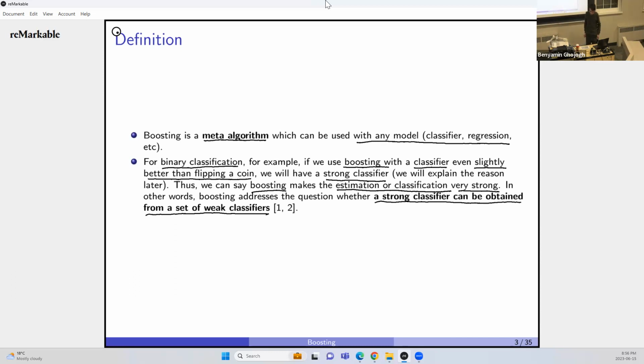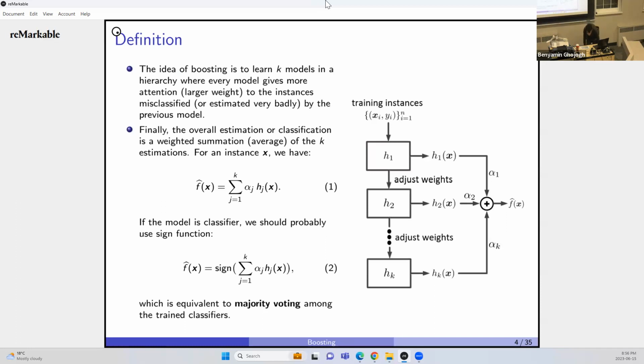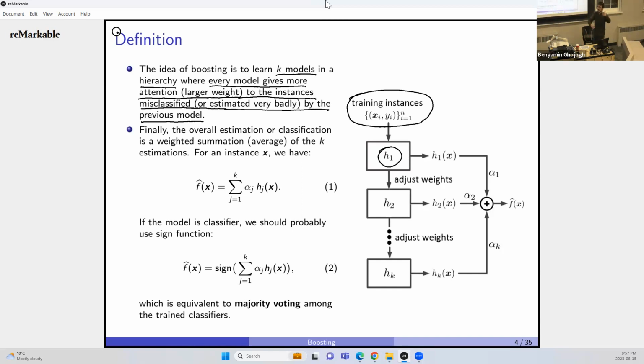The idea of boosting, listen, guys, is to learn K models in a hierarchy, where every model gives more attention, larger weight, to the instances misclassified or estimated very badly by the previous model. Again, I have several models, either regressor, classifier, whatever. First, I give the training instances to the first model, H1. It classifies or regresses.